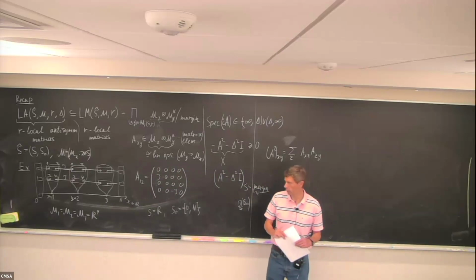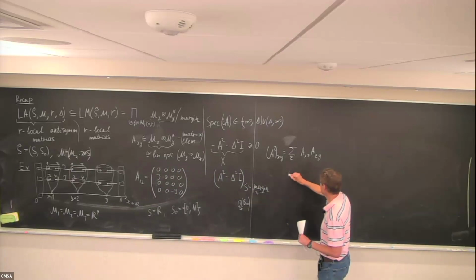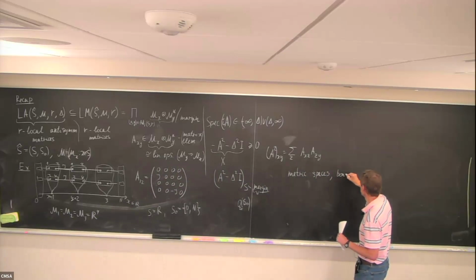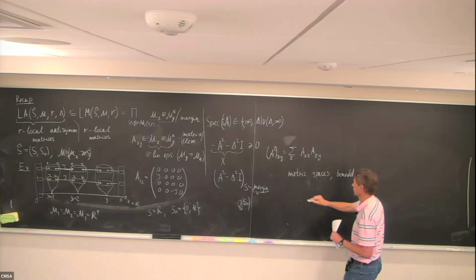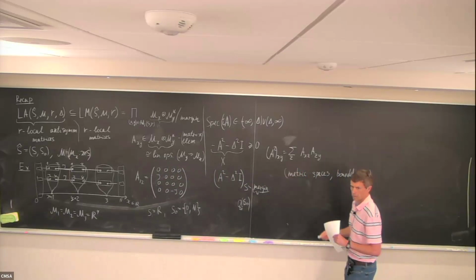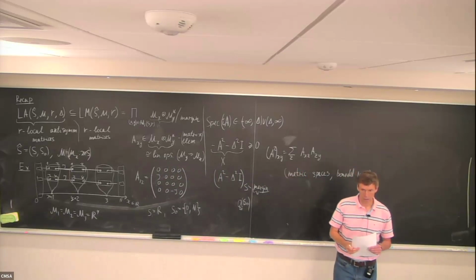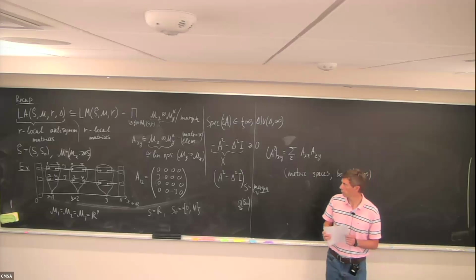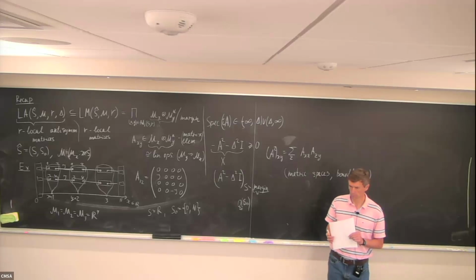I mean, we have a category of metric spaces with bounded maps. However, something will break down if we consider general metric spaces, so we should be careful.